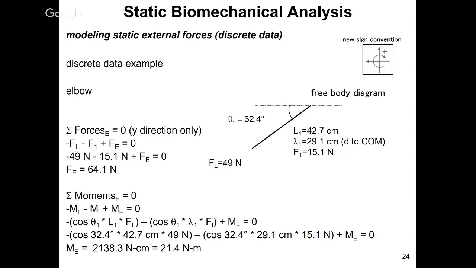Times 343 newtons minus cosine, again, of negative 26.4 degrees times, now are we pulling from the other one, 30.5 centimeters times 15.6 newtons.